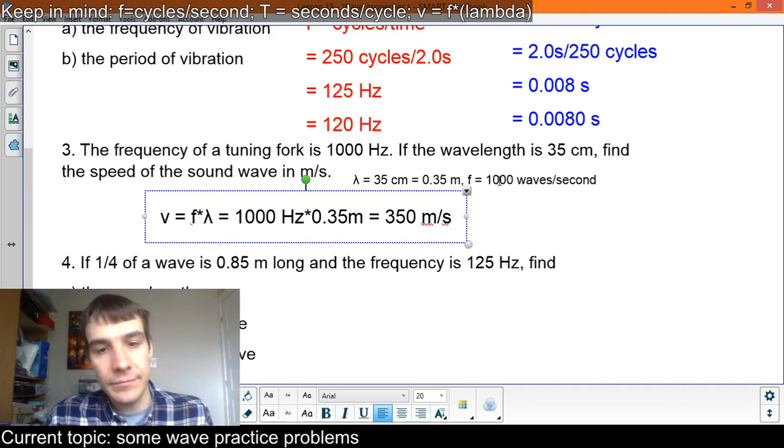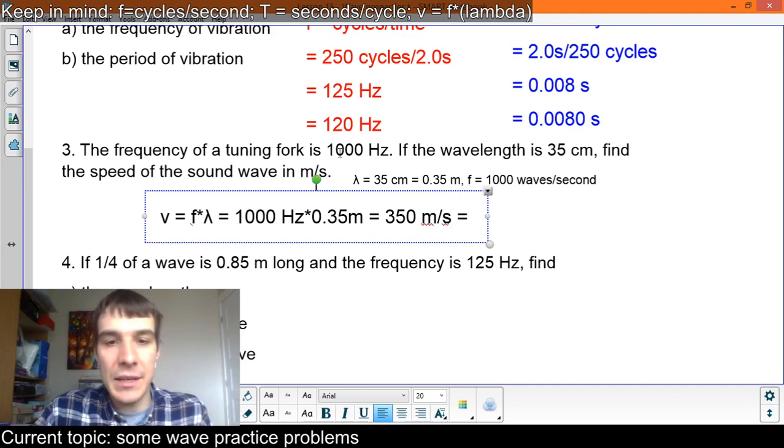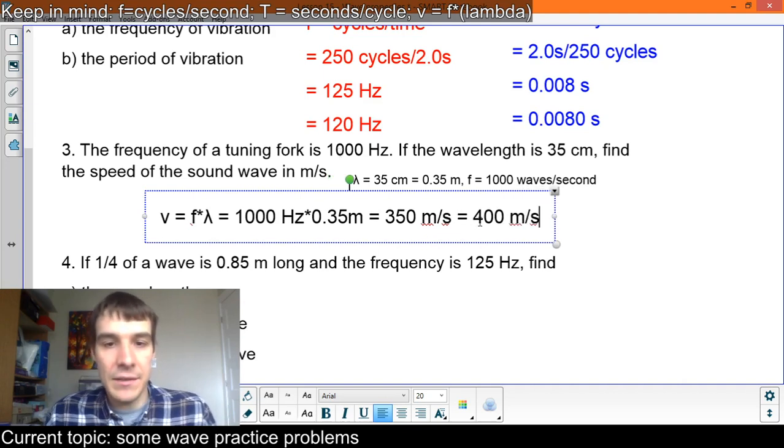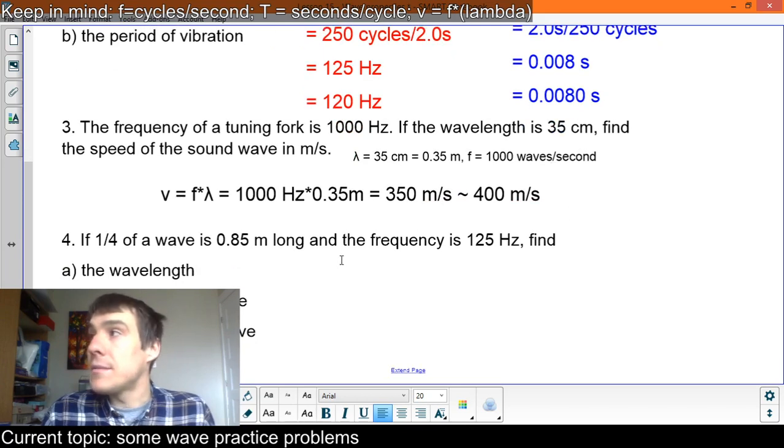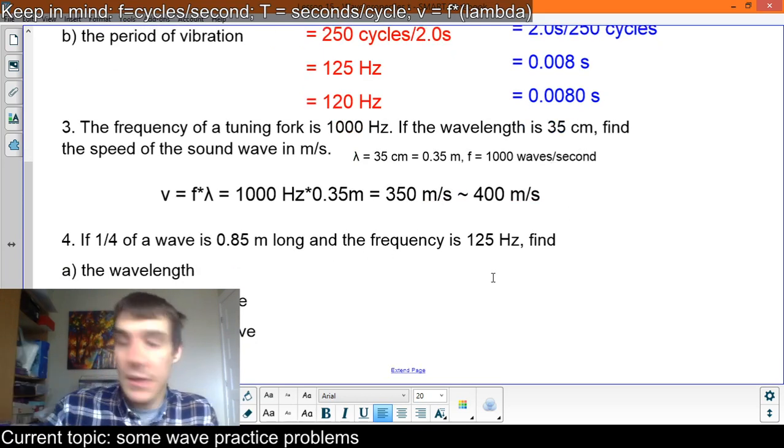But we only have one significant digit here, so make it even. It's actually 400 meters per second because of significant digits. I'm going to stick the little tilde in there. There we go.